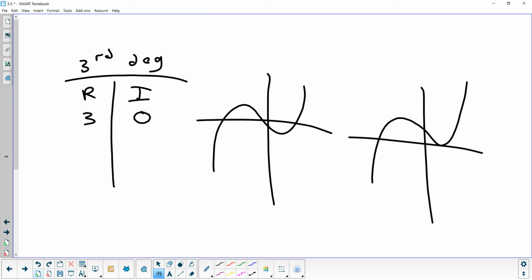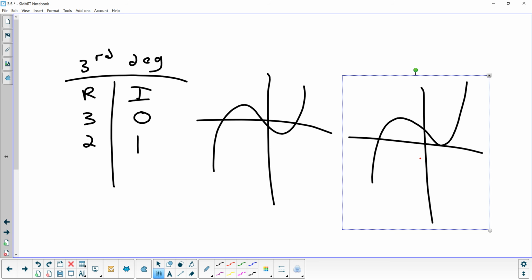You might say, huh? How's that 3 real? This is what we call a repeated root, and I think we've talked about that. So there's 1, 2, and that's 3. So that still is the same case: 3 real, no imaginary. Could you have 2 real, 1 imaginary? Is that possible?